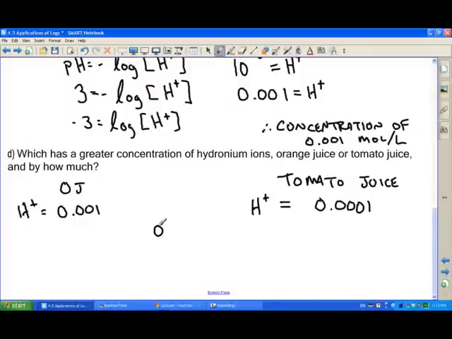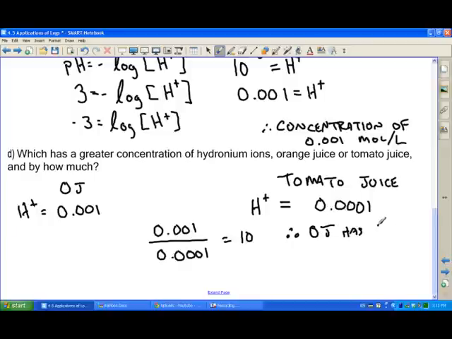Well, we can take these two numbers and divide them. And when I do that, I get an answer of 10. So I can say that orange juice has 10 times the hydronium ions.